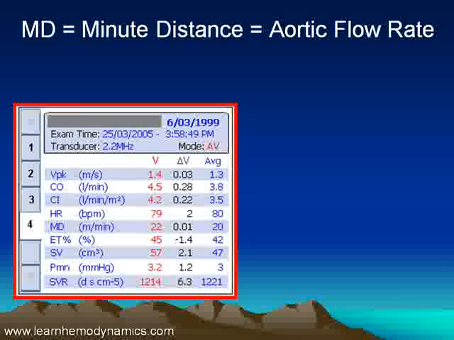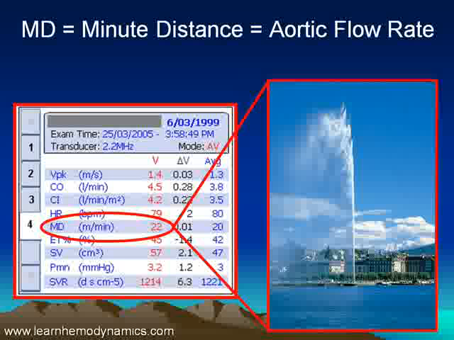Minute distance is an unusual concept unless you're used to echocardiography. But in effect, it boils down to the mean aortic flow velocity. How fast is the blood flowing through the aortic valve? Now this actually gives us an immediate indication of the state of dynamism of the circulation. The normal is 14 to 22 meters per minute.